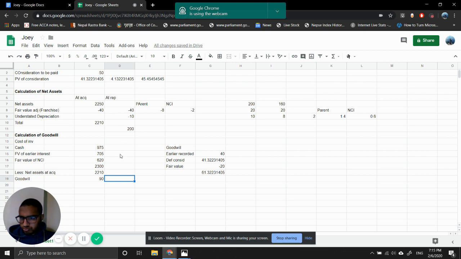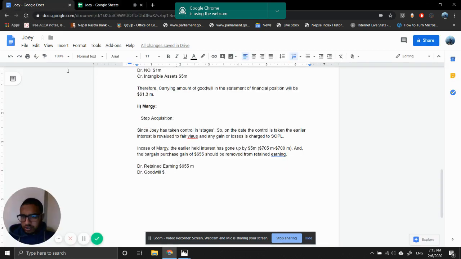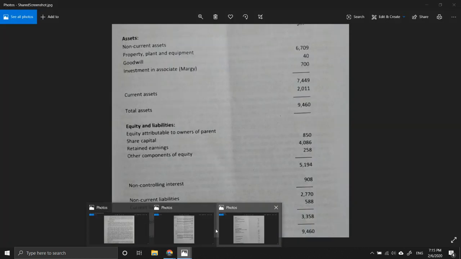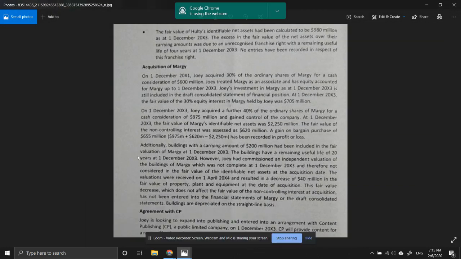So what we will do is that we will basically include a goodwill figure of, so let's explain it over here. Better to explain. Goodwill will increase by 655, right?